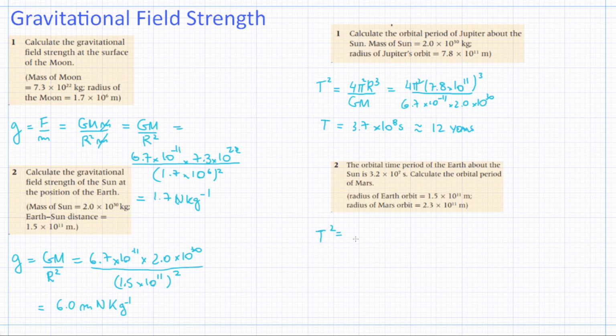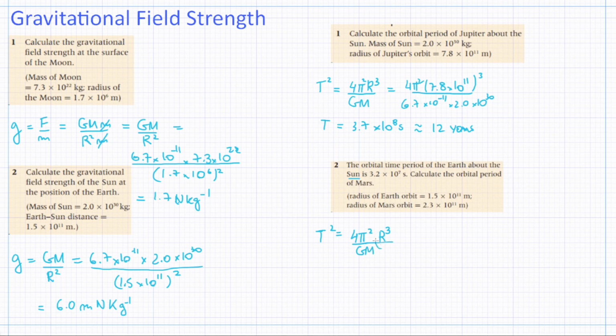So if you look at it, T squared is equal to 4 pi squared r to the power 3 over G capital M. Now, since we're looking at two planets which are orbiting the Sun, this is the mass of the Sun for both of them. So this capital M is the mass of the Sun.